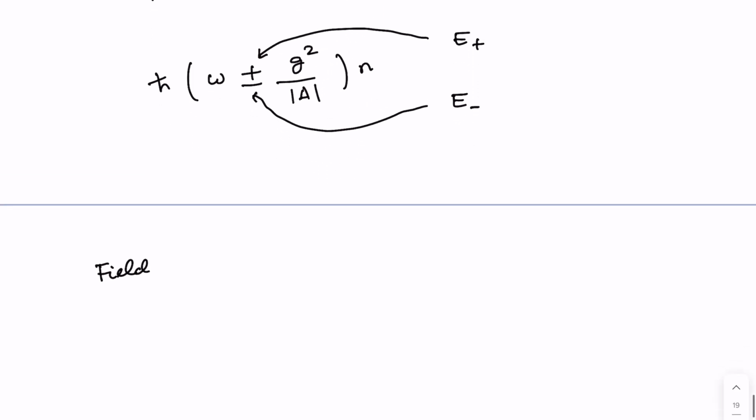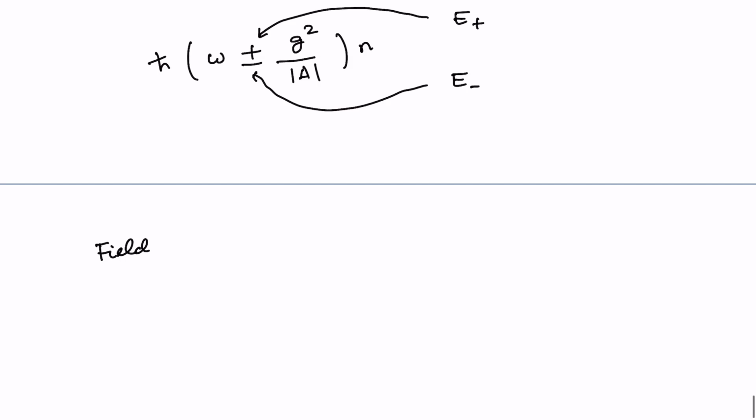When it interacts with the atom and the radiation is emitted, this system is generally put in a transmission line resonator, as we have discussed.